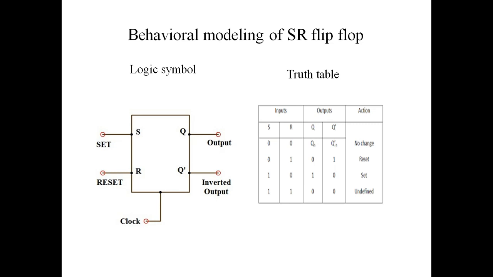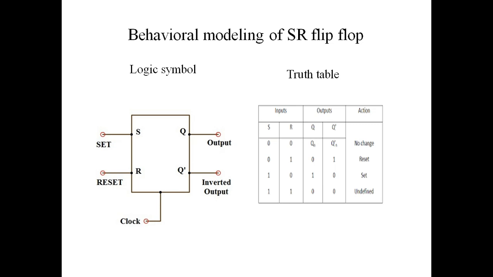SR flip-flop has two inputs, set and reset, S and R, and it has two outputs, Q and Q bar. The Q output is considered the normal output and the output Q bar is simply the complement of output Q.